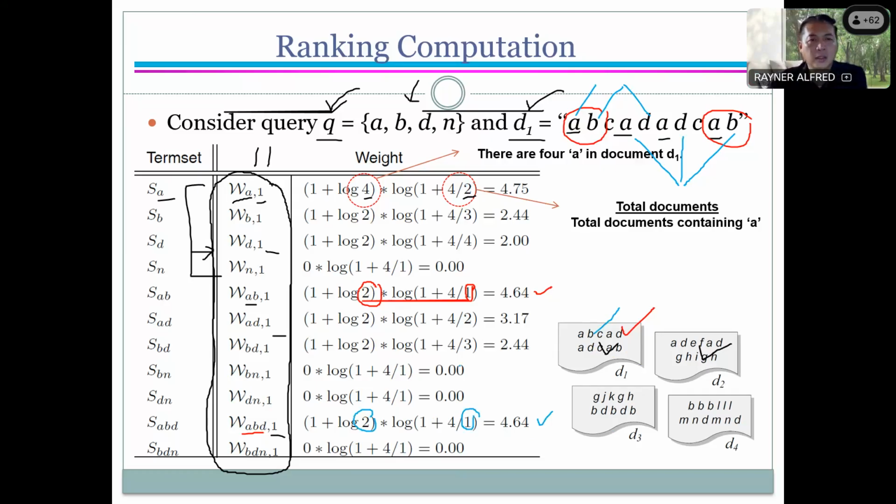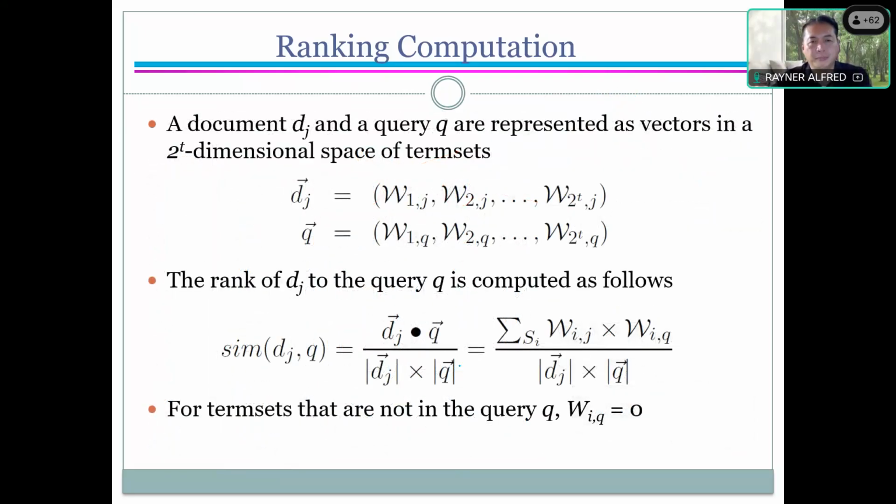Okay. So this is the weightage of all the term sets in document 1. So what you need to do is compute again the weightage of all this in the query, because when we perform the ranking, remember last time we were looking at the vector format for each of the documents, and also the query.